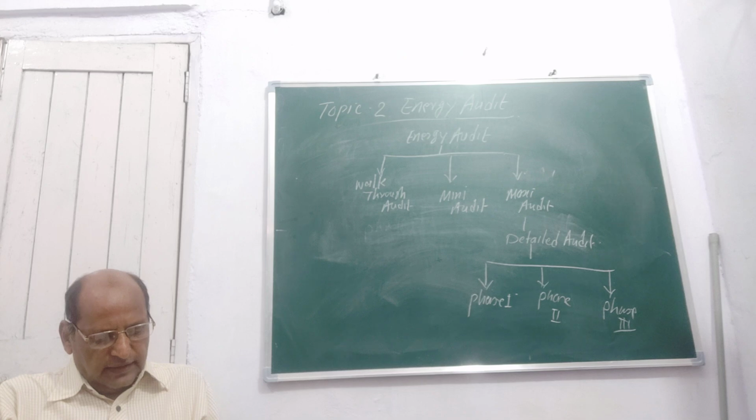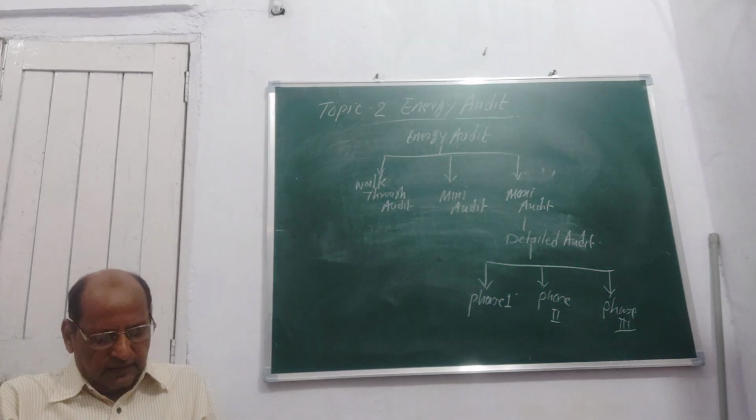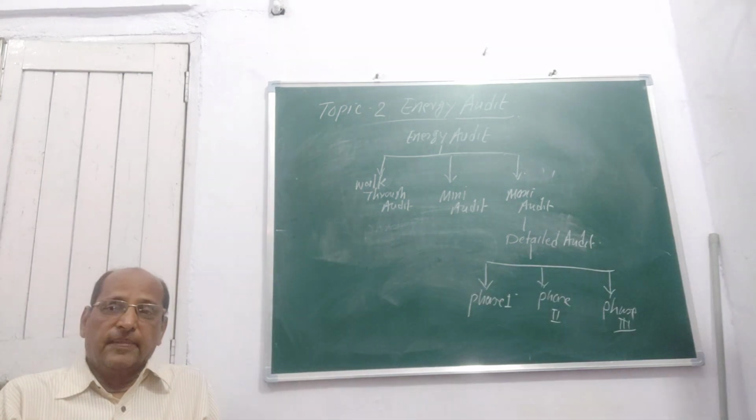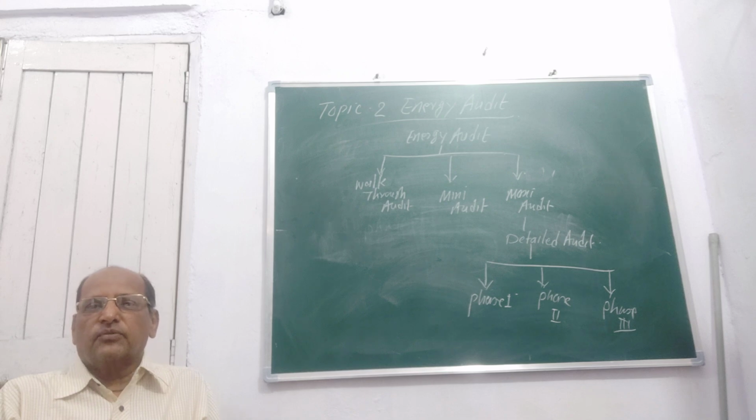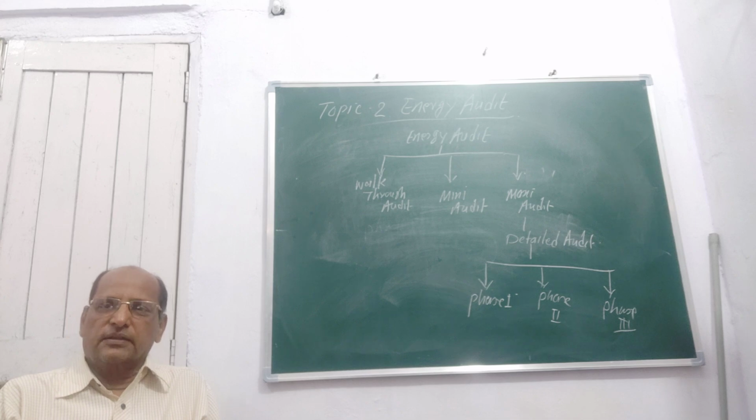Then the next point is to find out some of the areas where a detailed study is recommended and justified. There are certain areas in the industry in which a detailed study is required, in terms of the actual production process operating in the system, and in that production process, what the rate of energy consumption is.